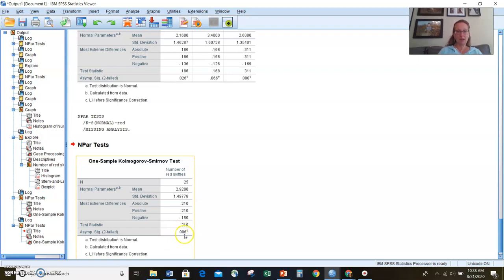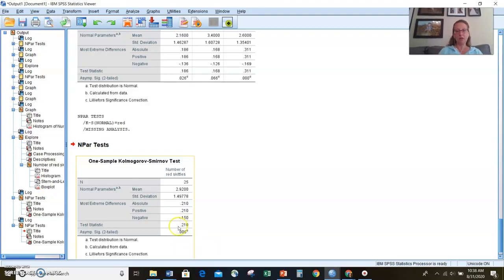So when the significance value is less than 0.05, that means ding, ding, ding, winner, winner, chicken dinner, you've got something. Now in this case, if we're looking for non-normal, having that significance means this distribution is not normal. We were comparing it to normal, we got something else, right?